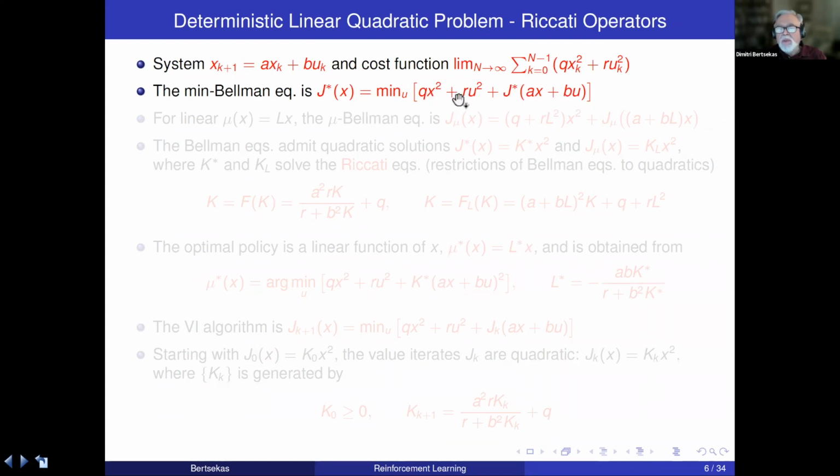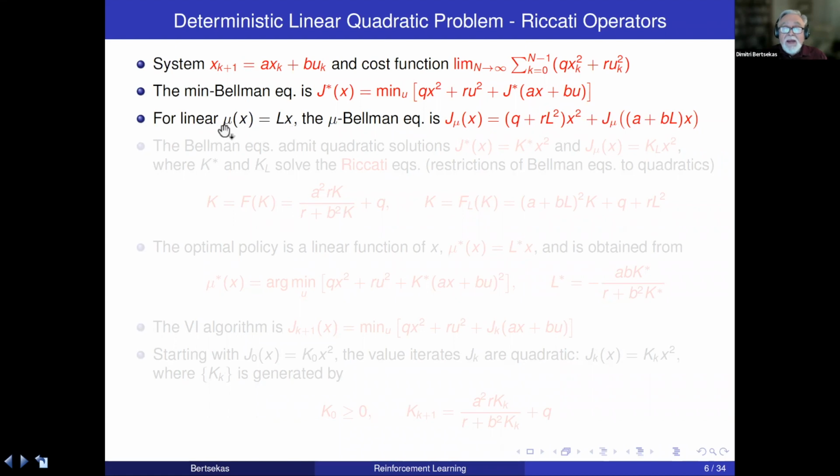This is the cost per stage, and we minimize over U. And the nice thing to note here is that if J star is quadratic, then this becomes a quadratic minimization in U and can be done in closed form. And as a result, the left-hand side, the result of this minimization, is also a quadratic function of X. This is the key to linear quadratic problems, a favorable quadratic minimization in the Bellman equation.